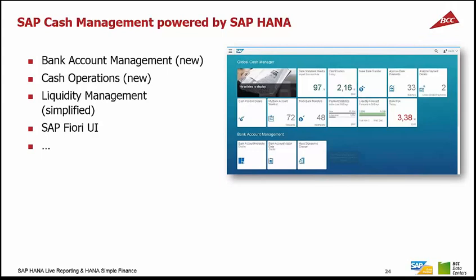Liquidity management in standard SAP was partly in BW, partly in the ERP system. Now, as the planning is moved to the ERP system, it's one simplified tool for liquidity management.